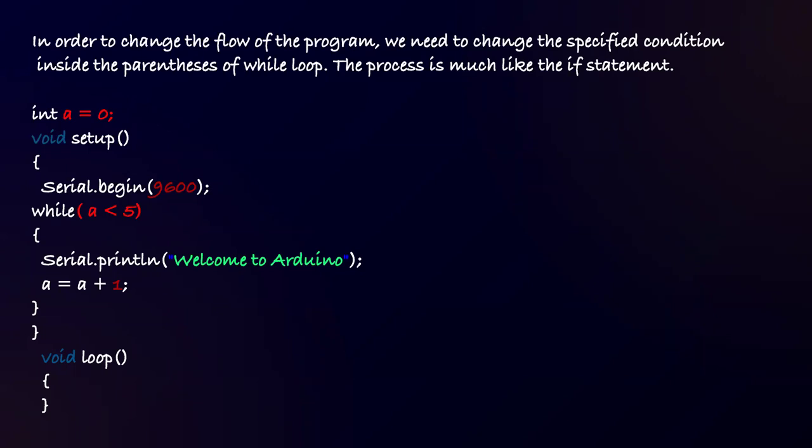So that is the condition that we have given. And what action is to be taken while a is less than 5? Serial.println "welcome to Arduino". So this is the whole condition and action that we have declared over here.